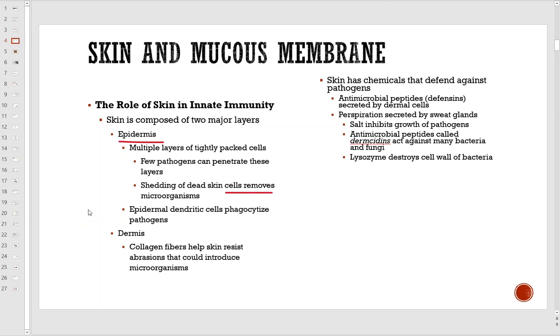And remember, we also have those dendritic cells right there at the very bottom of the epidermis or at the junction. These are phagocytes that will swallow these cells up and destroy them, in addition to which they will migrate to a lymph node nearby and show this to the specific immune system.